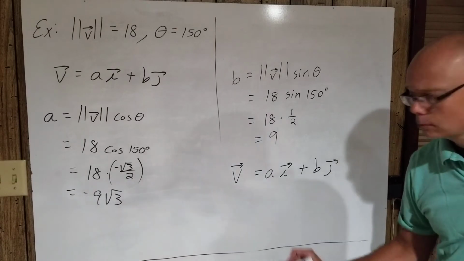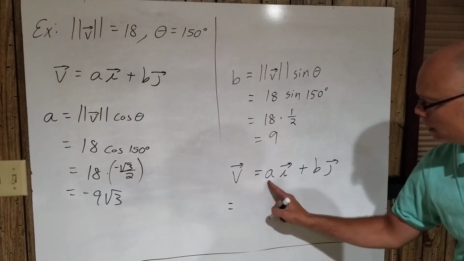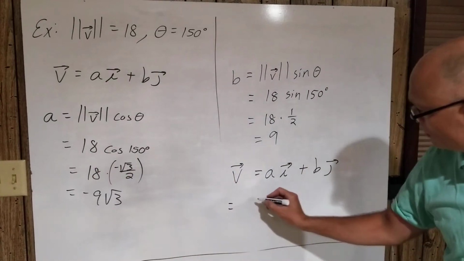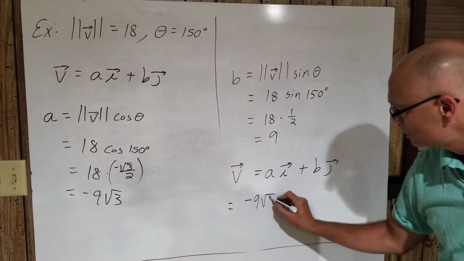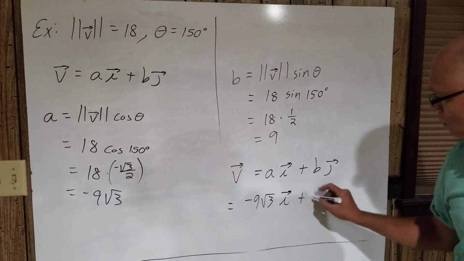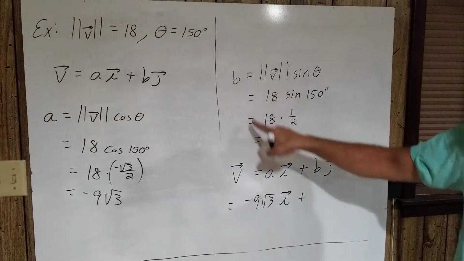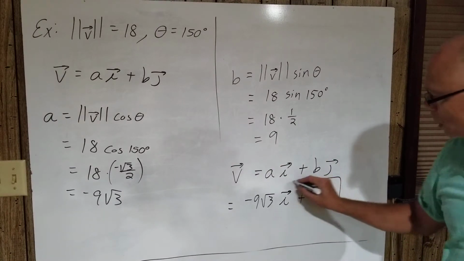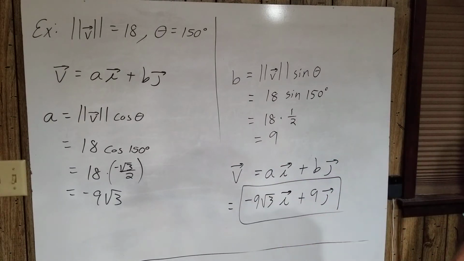So a, which we just calculated, is negative 9 square roots of 3 times vector i plus, b is 9 times vector j. There we go. I wrote it in that form.